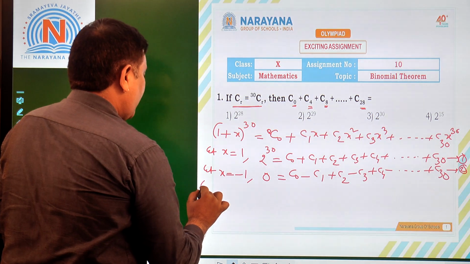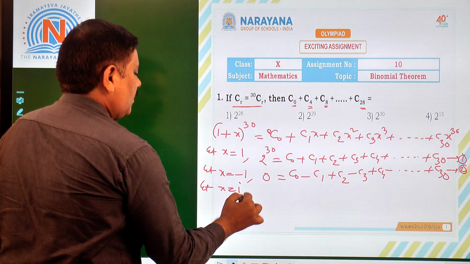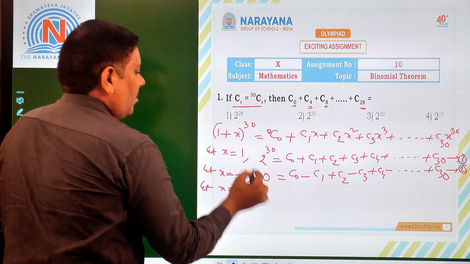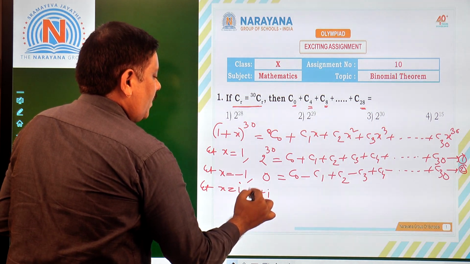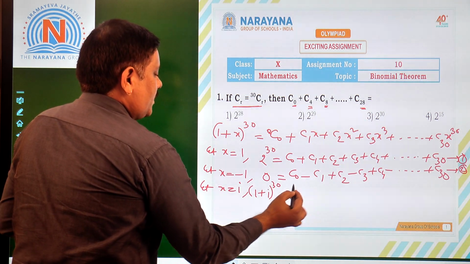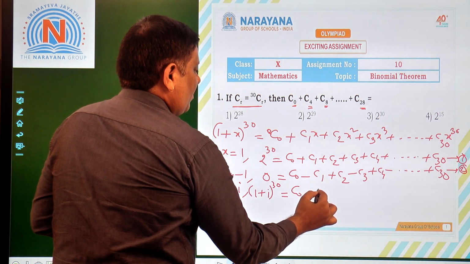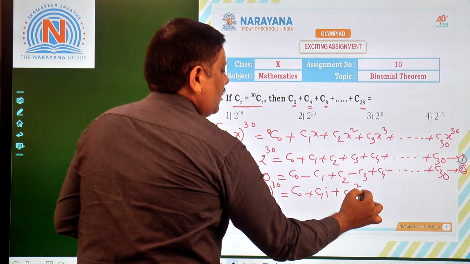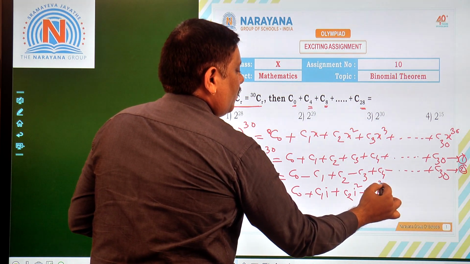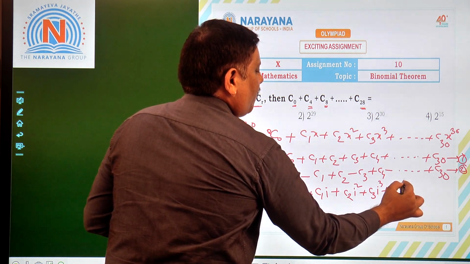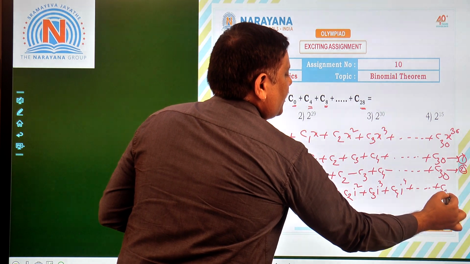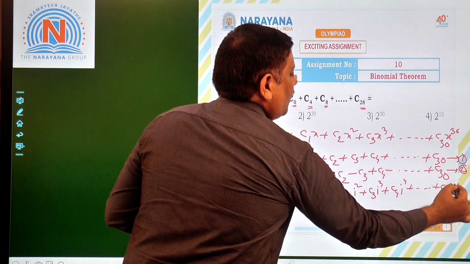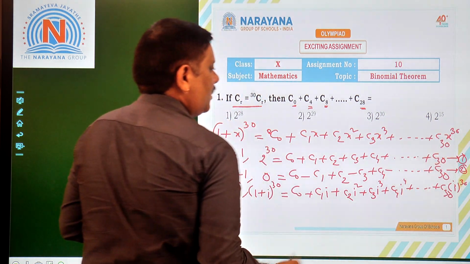Next, if you take x is equal to i, (1 plus i) whole power 30 is the LHS part, and that is equal to C0 plus C1 into i plus C2 into i square plus C3 into i cube plus C4 into i power 4 plus so on plus C30 into i power 30. It is the third equation.